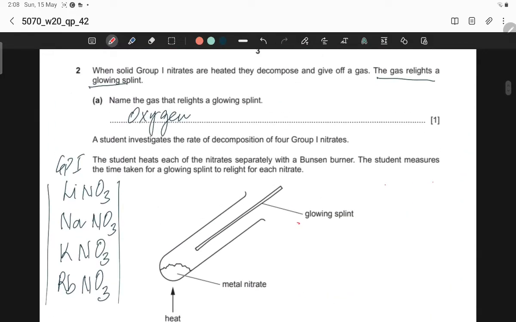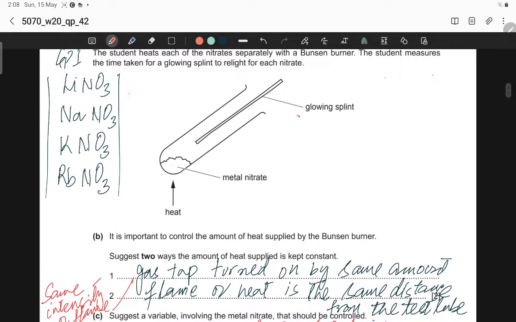Down the group, the stability of the compounds increases, so compounds become more stable downward.